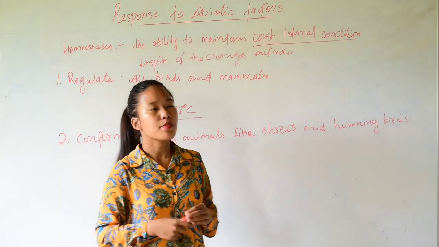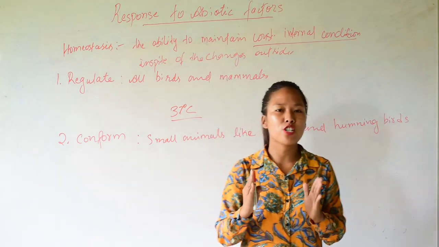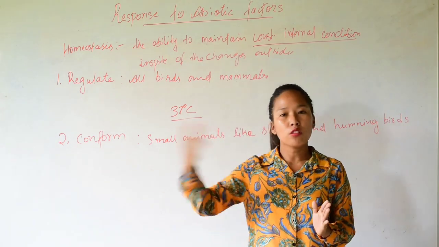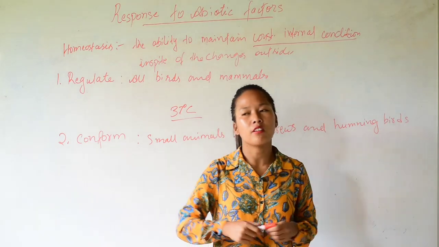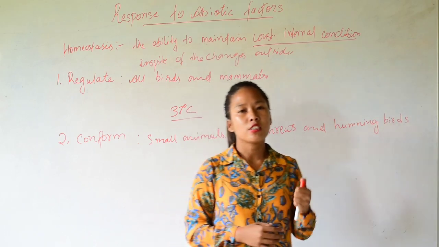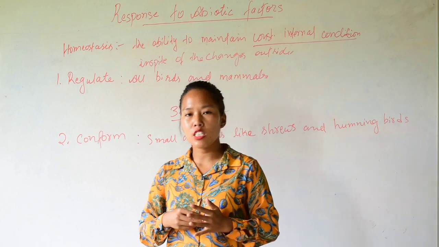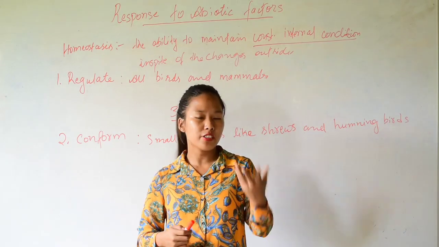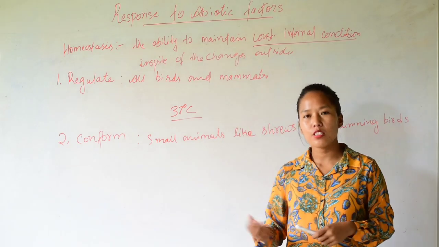Of course, some organisms have evolved to become regulators, but only within a certain range of temperature. And beyond that temperature, they simply conform, they simply adjust with the outside surroundings. Now, when these stressful or harsh conditions last only for a short period of time, organisms have two alternative ways by which they can survive.